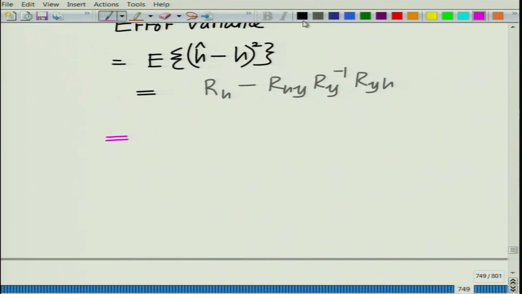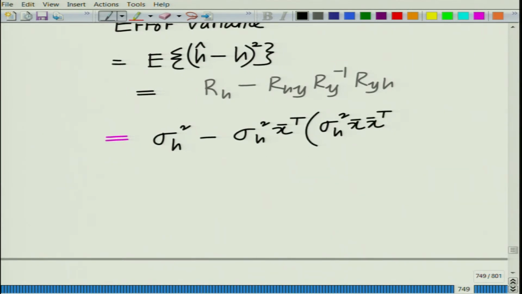given as sigma h square minus sigma h square x bar transpose, sigma h square x bar transpose plus sigma square identity inverse, into sigma h square x bar.